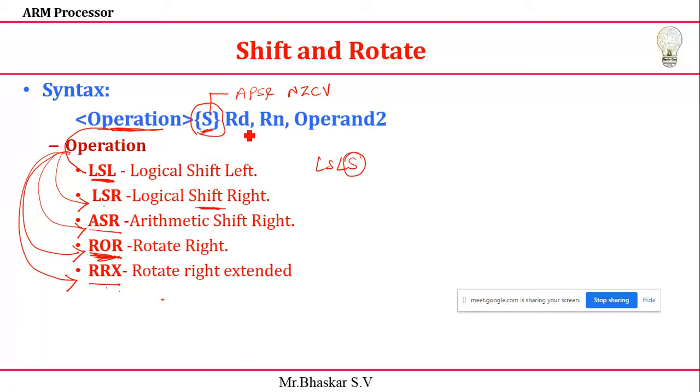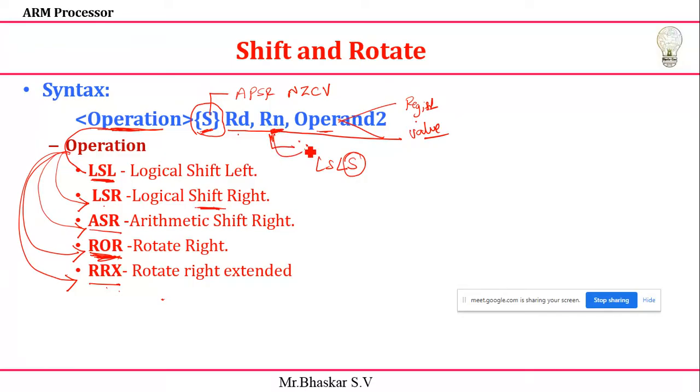After that, you can see you have three registers. Usually, if you take an operand, I'm going to take this as operand 2. Maybe it is a register, or maybe it is an immediate value. You can take a register value also. This is my source value.